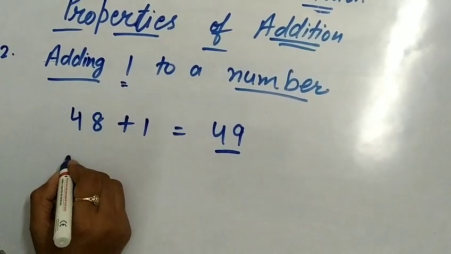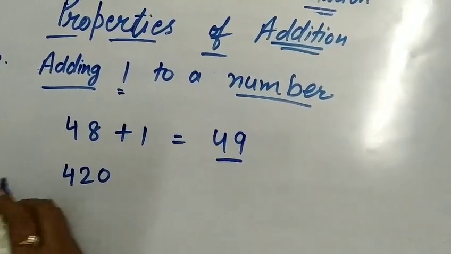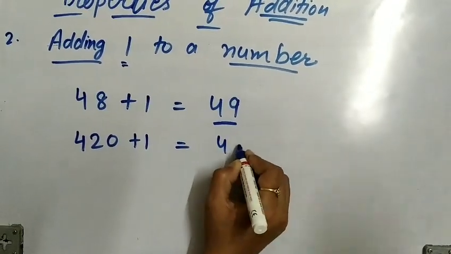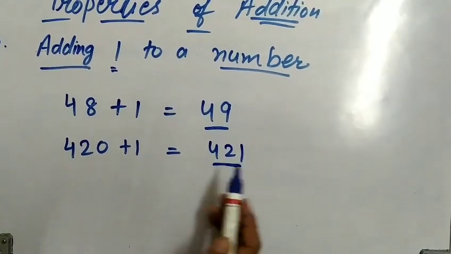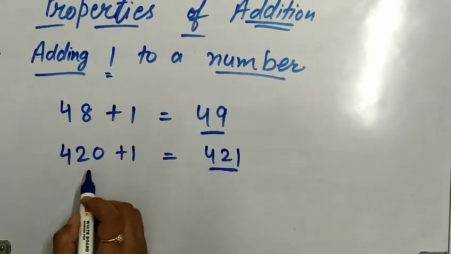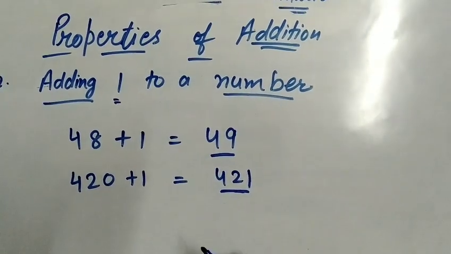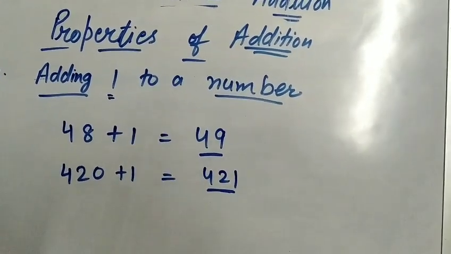I am taking one number, 420. Now add 1. What will you get? 421. And 421 is the successor of 420. It means when we add 1 to a number, the sum is the successor of the number.